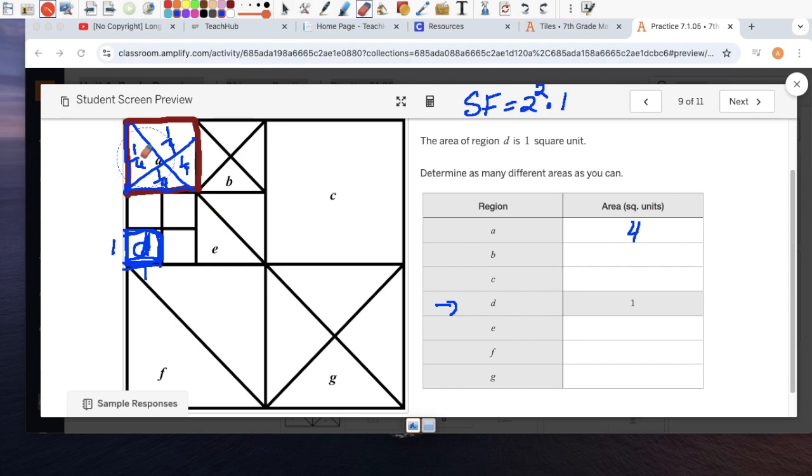So B has the area that was 1/4 the area of A. We know that A is 4, so if you take 1/4 of 4, the area would equal 1.